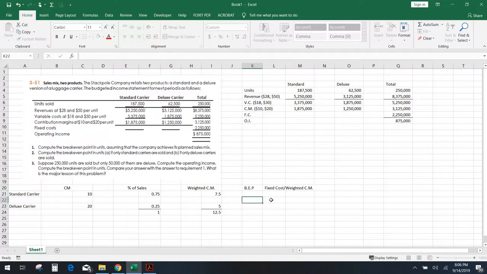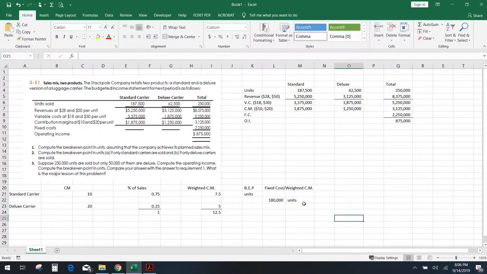So that'll equal the fixed cost here divided by the weighted contribution margin, and that's the break-even point in units. So that's 180,000 units.